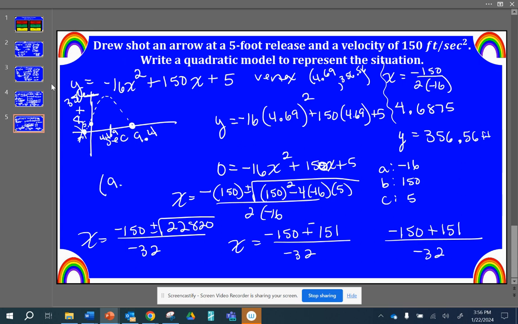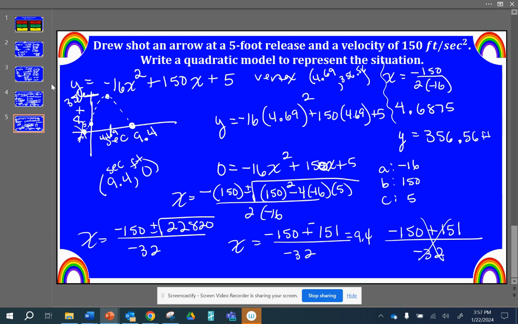So at 0 feet, it took 9.4 seconds to land. So this one gave us our positive answer here, which is that 9.4. This one would give us the negative answer because it would be 1 divided by negative 32, so we're not going to worry about that one.